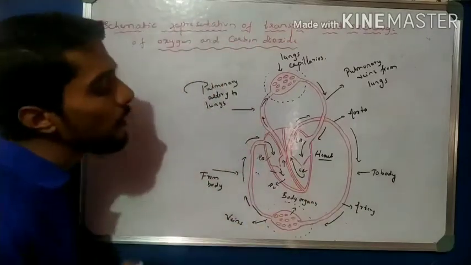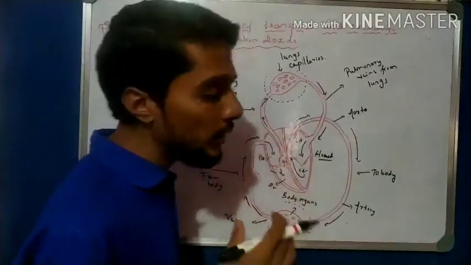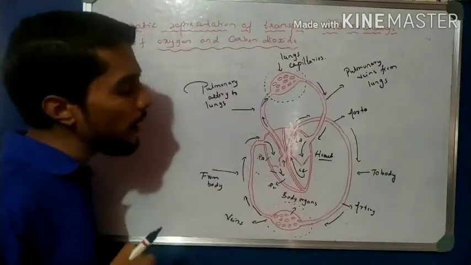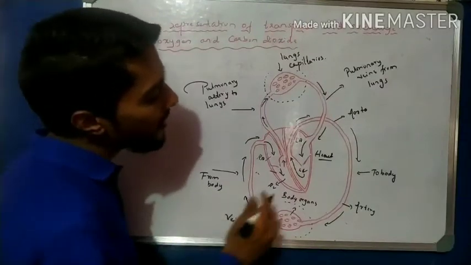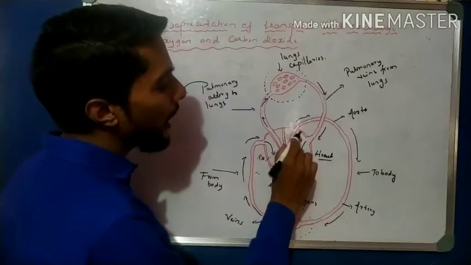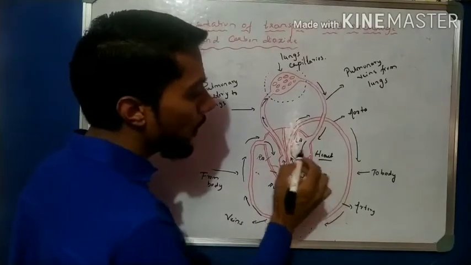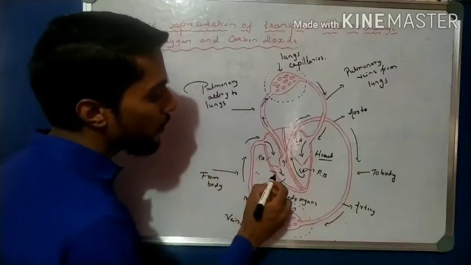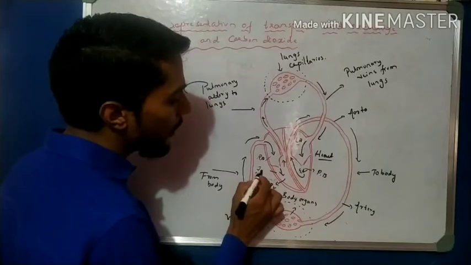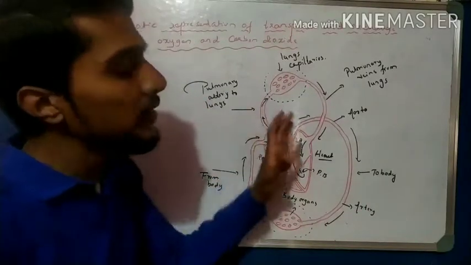In the last video we covered this, and if you have not watched it, please watch that video, then only will you understand this concept. We know about pure blood and impure blood. The left atrium and left ventricle carry pure blood, and the right side carries impure blood.